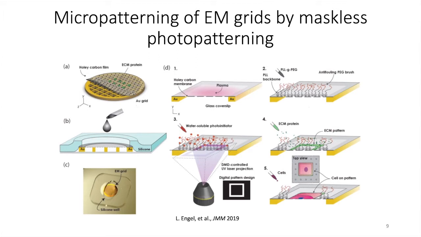In our case, this was usually gelatin or fibronectin at a concentration of 100 micrograms per mL. We incubate for 1 hour before rinsing again and then seeding our cells. The protein was selectively adsorbed to the exposed regions of the carbon film, and the cells, in pink, assembled on the micropatterns.